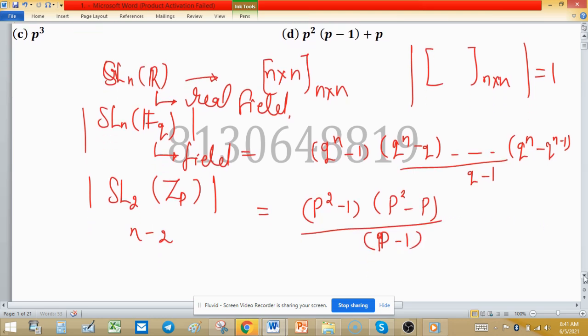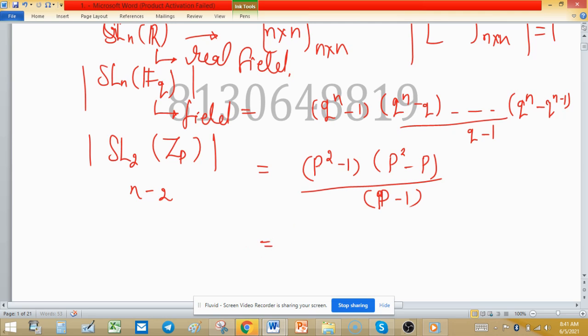Now simplify this expression. We have p^2 − 1, which by the a^2 − b^2 formula is (p + 1) times (p − 1). Take p as common in the second bracket, then (p − 1) divided by (p − 1).